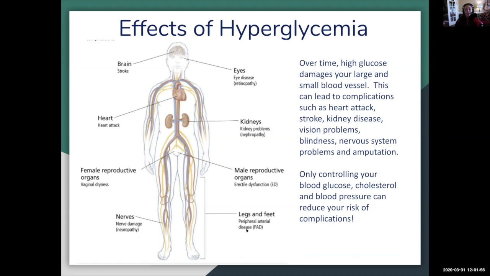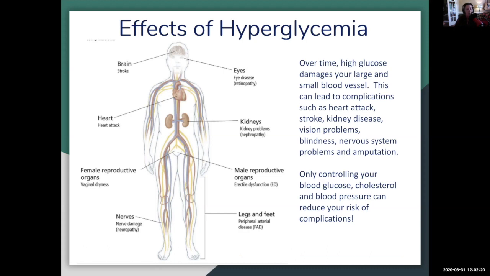It's no good. Legs and feet, again, you have these little delicate peripheral vessels that can be attacked by the blood sugar. The nerves are a similar thing. That's the diabetic neuropathy. People have numbness, tingling, burning pain, pins and needles in their feet, sometimes in their hands. We call that the stocking-glove distribution.